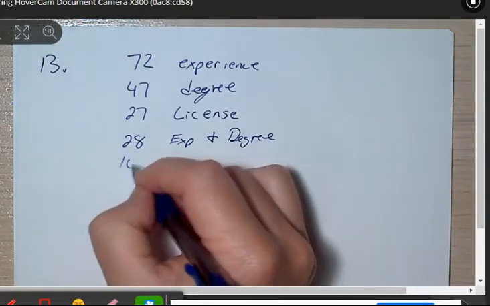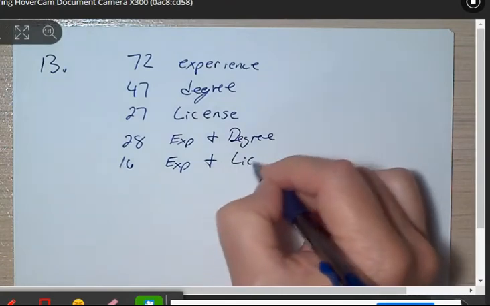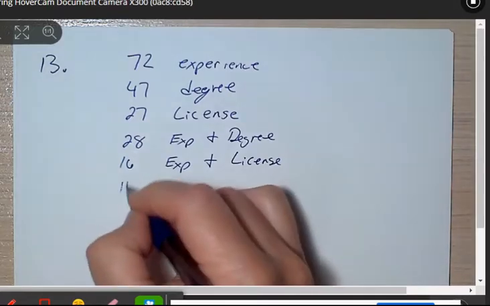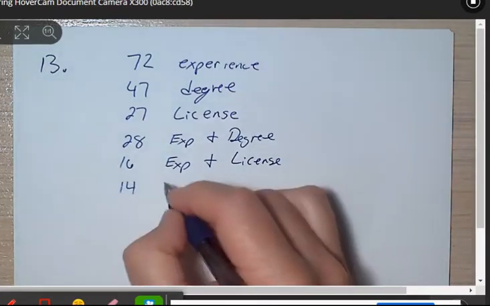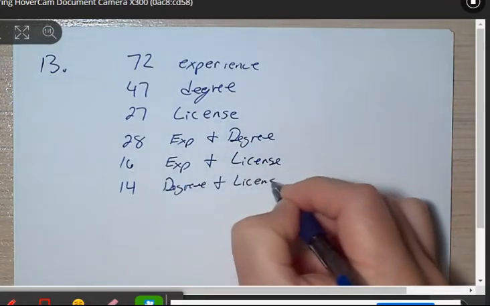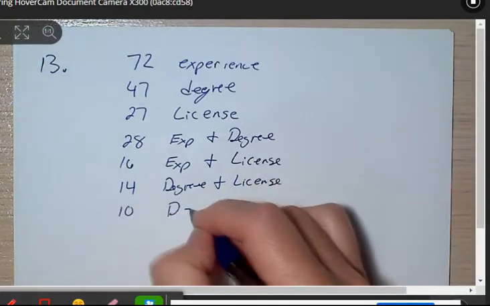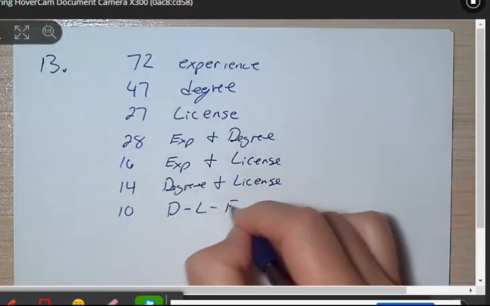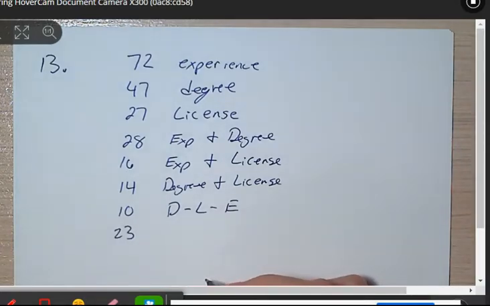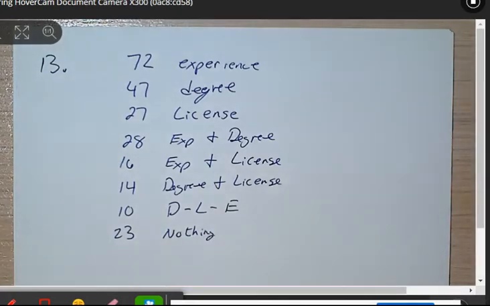There were 16 people with experience and a license. 14 people with a degree and a license. 10 people with all three, with a degree and a license and experience. And there was 23 that had basically nothing. No degrees, no license, no experience, no anything on those.